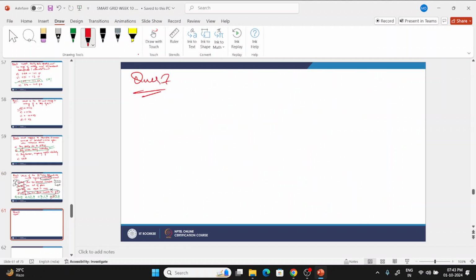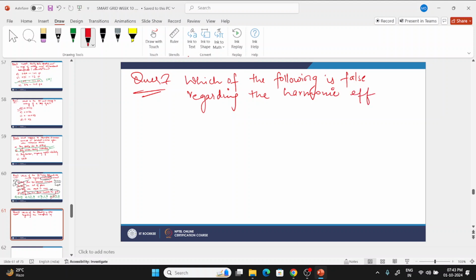Question number 7. Which of the following is false regarding the harmonic effect in power system?